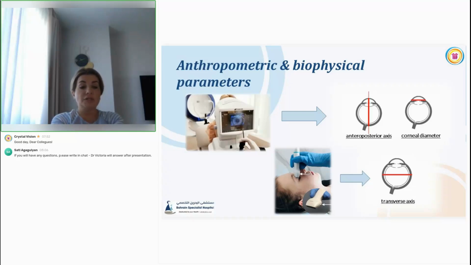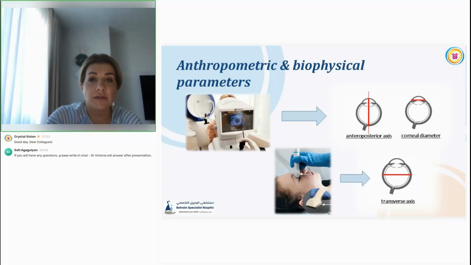We take into account a number of anthropometric parameters, such as anterior posterior axis, corneal diameter, transfer axis, refraction, and during the preoperative examination of the patient, we carry out all these measurements we are interested in. And for the youngest patients, we have the opportunity, if it's necessary, to conduct the preoperative examination under anesthesia with measurement of all parameters for accurate calculation of the volume of operation.